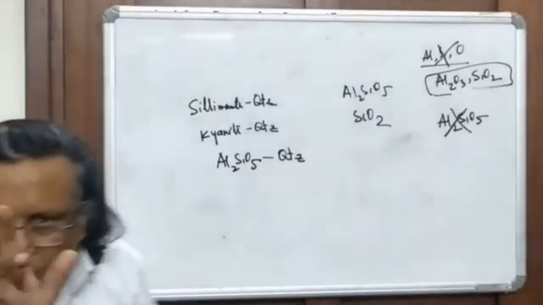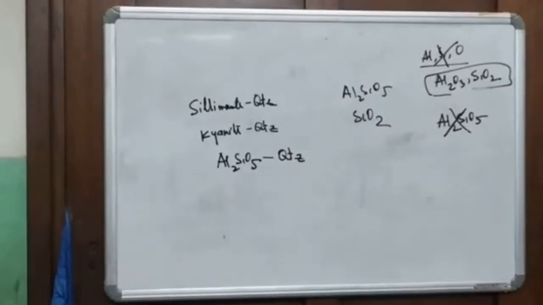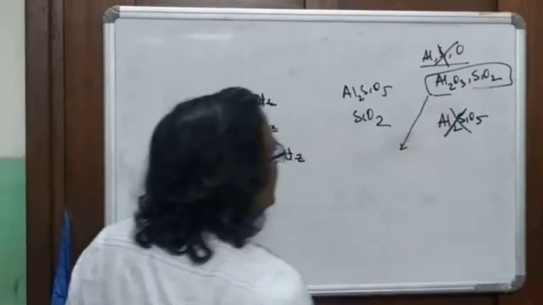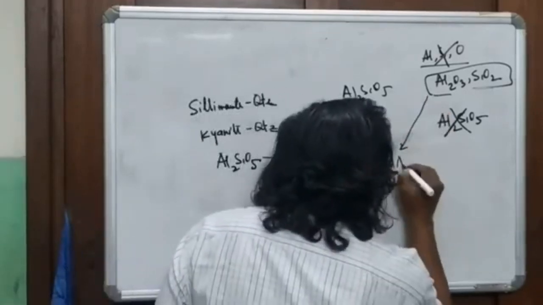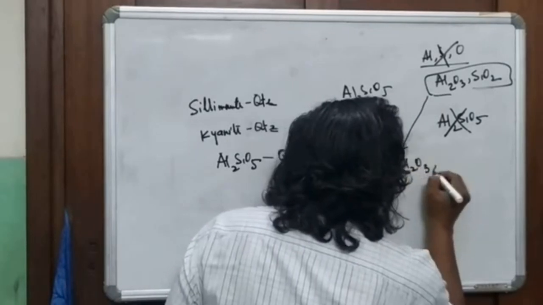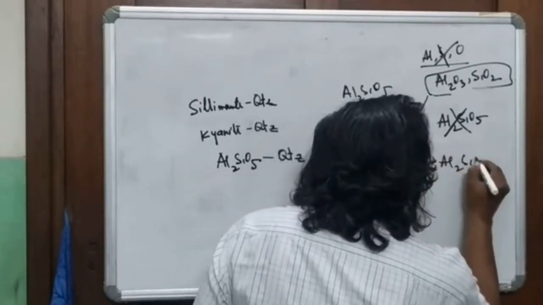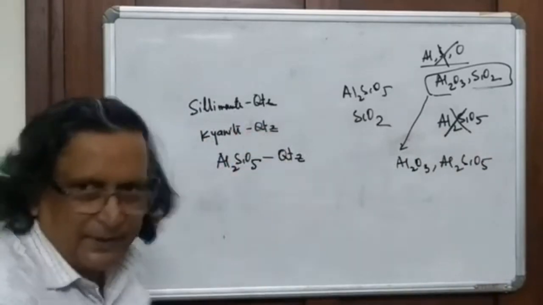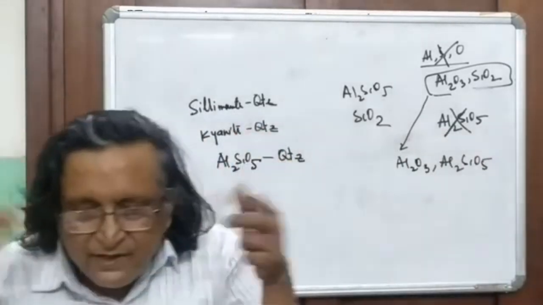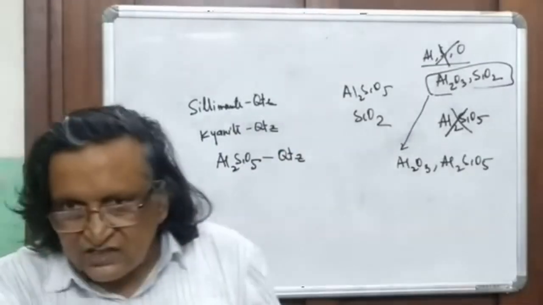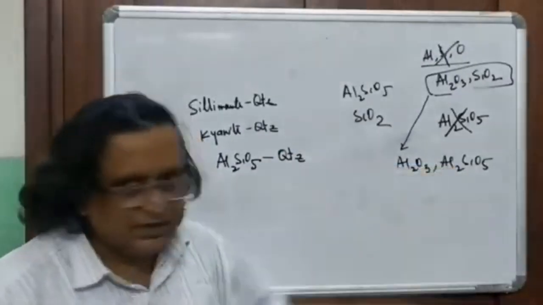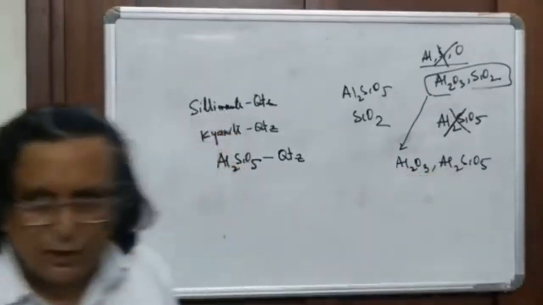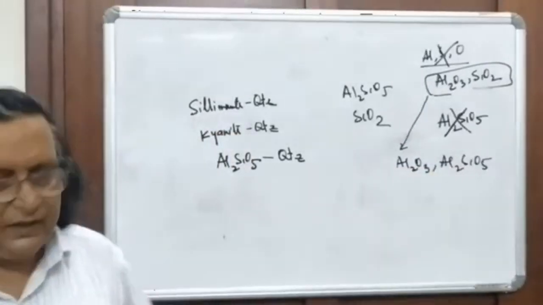Now just before we conclude, I could, instead of taking this, have also taken Al2O3 and Al2SiO5. Sounds strange, huh? But no, it's right. Thermodynamically perfect. Thermodynamics does not understand these names. It understands numbers. Al2O3, Al2SiO5. Then you will see what's happening.